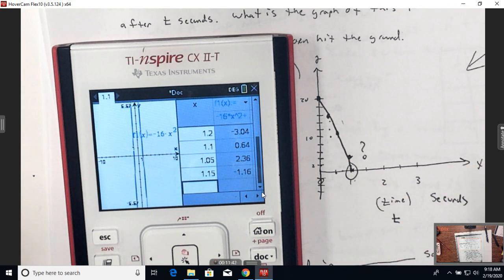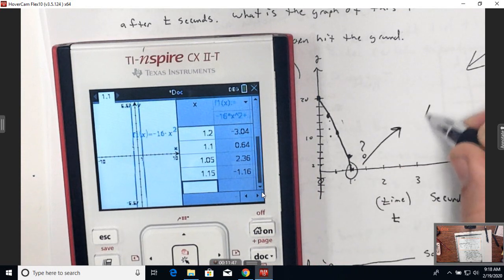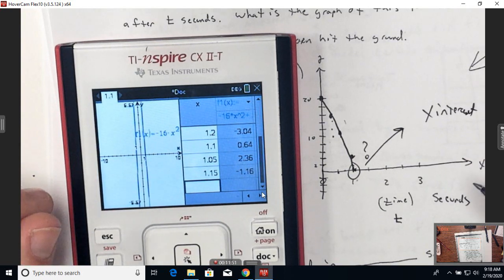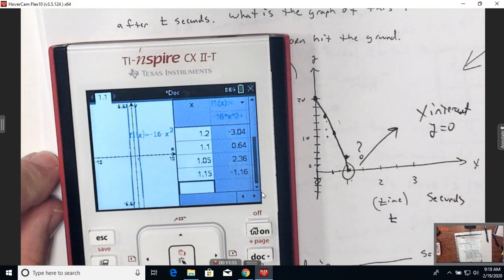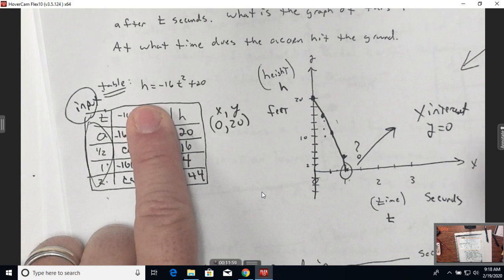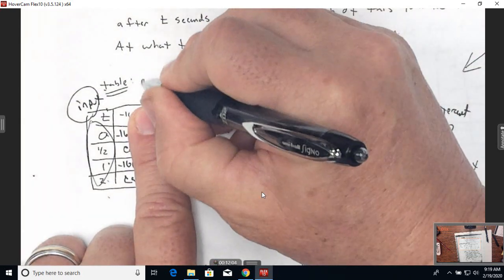But I don't have to do that. Where this hits right there is called the x-intercept. Isn't it? That is where y is equal to 0. So what I could do is I could just plug in my y, which is 0, into my function rule.